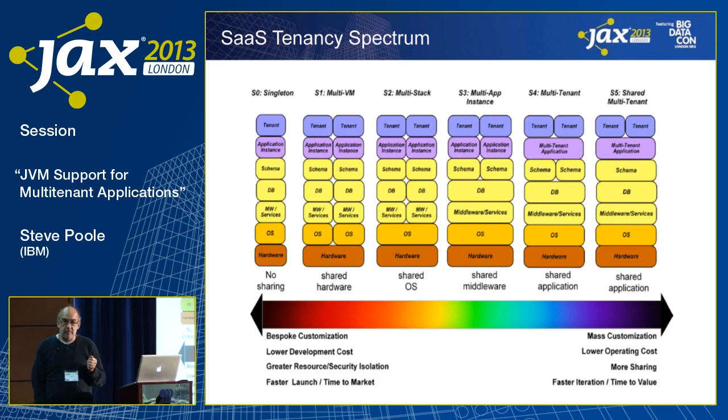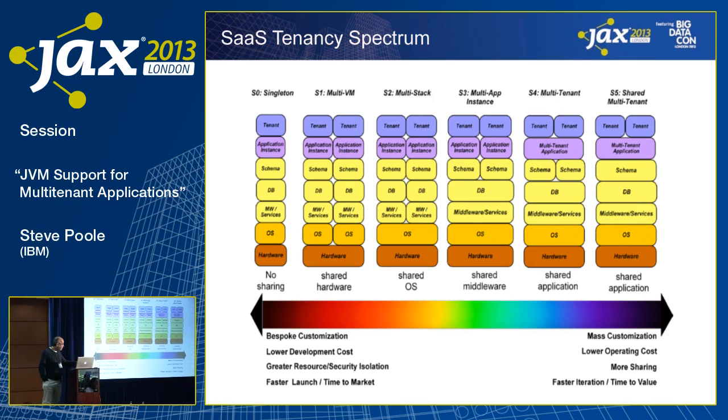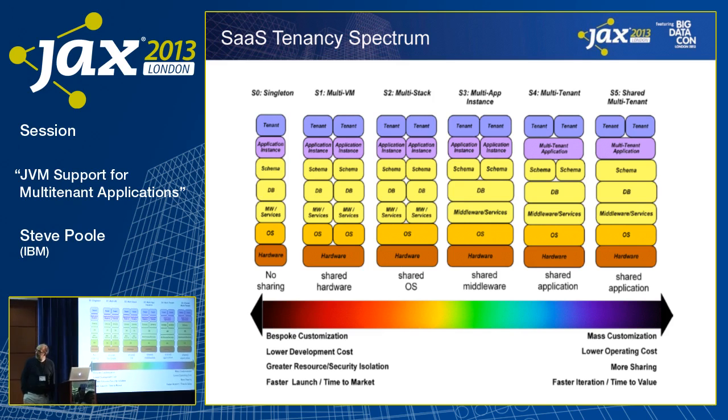So this wouldn't be an IBM pitch without some sort of roadmap or architecture diagram. This isn't quite an IBM one, but it's close. So on the left-hand side, S0 singleton, that's the standard stack.